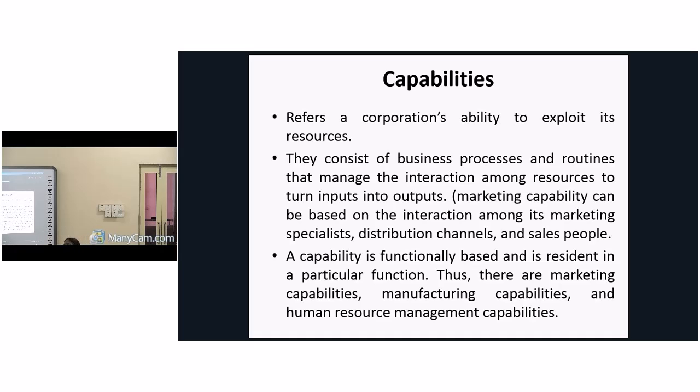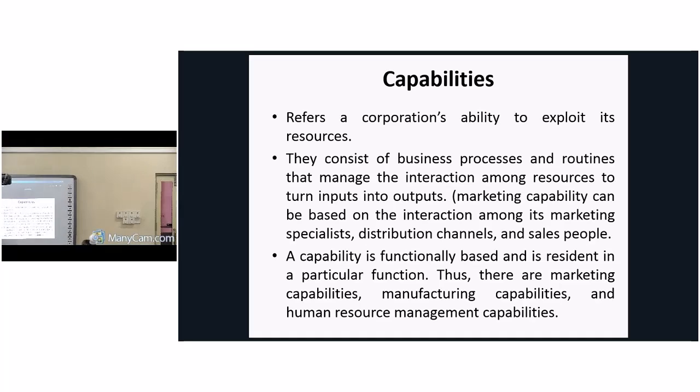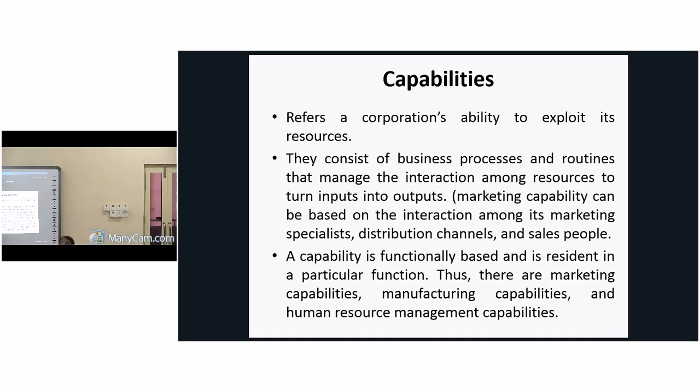An organization with only resources cannot function. The organization must be able to use these resources in a good way. This ability is called capabilities.